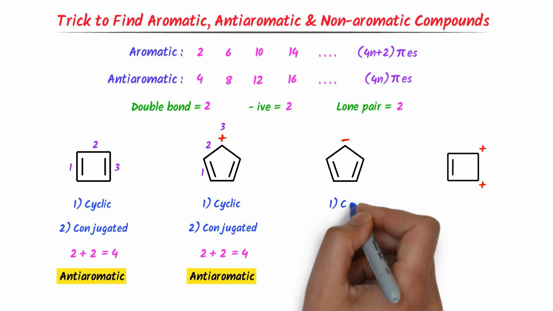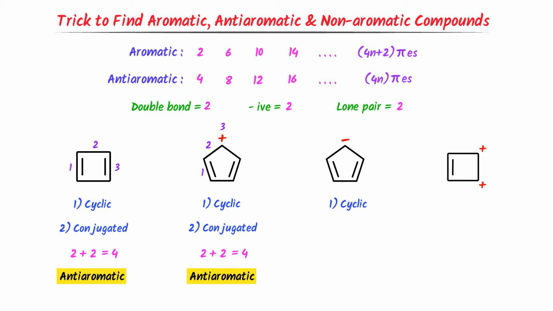Thirdly, this is a cyclic organic compound. Here, this organic compound contains double bond, single bond, and negative charge. So it is a conjugated organic compound. We can see that this ring contains two double bonds. So I write 2 plus 2. But wait a minute. This cyclic organic compound also contains negative charge.